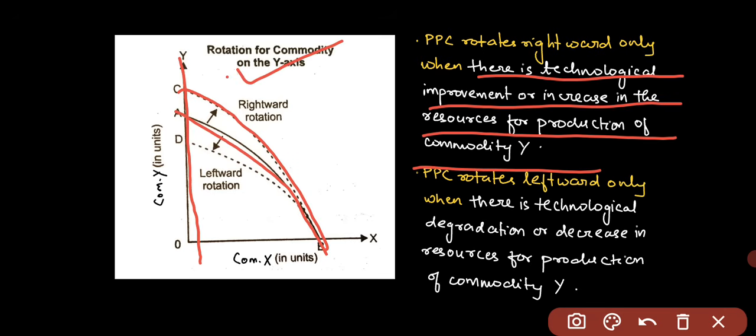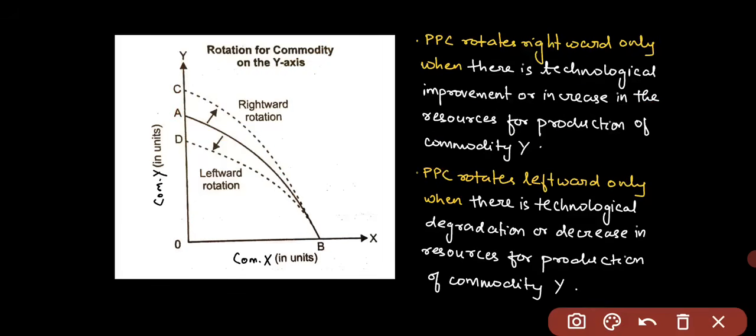on the Y axis. But when it rotates leftward, you see DB. AB was the original production possibility curve, DB is leftward, there is leftward rotation of the production possibility curve from AB to DB. So, what does this DB leftward rotation indicate?